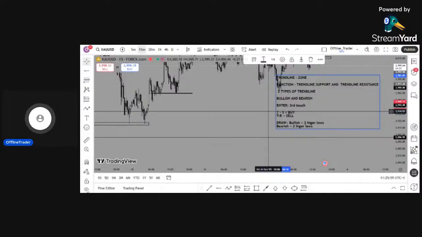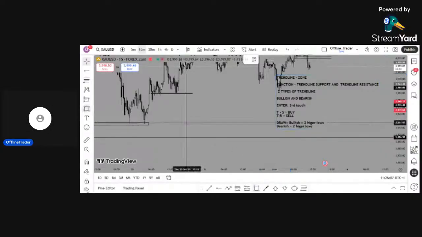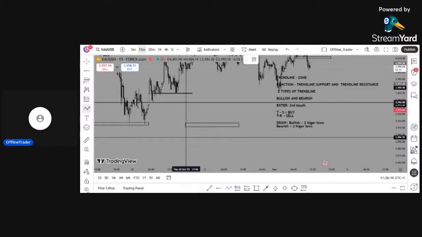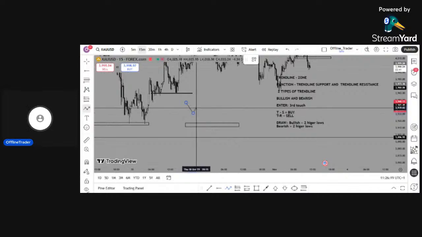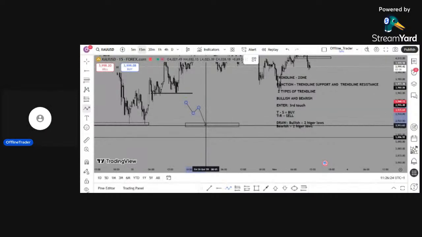Alright, so let's say this is our zone over here, and the market was coming in a bearish trend, but when it tapped our zone, what are the signs that this market is about to go bullish?